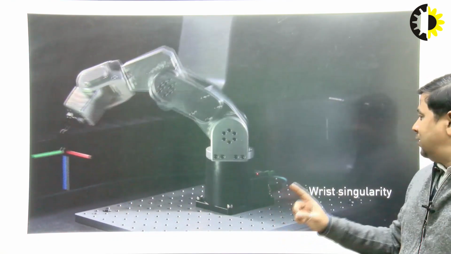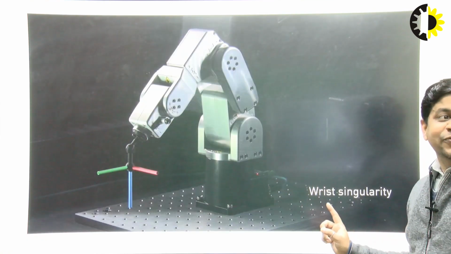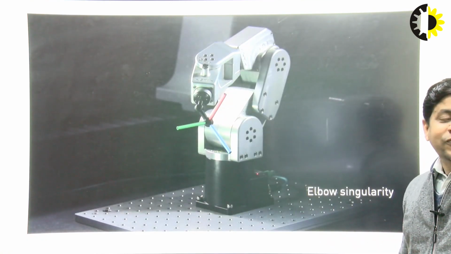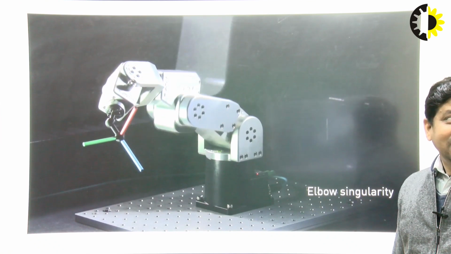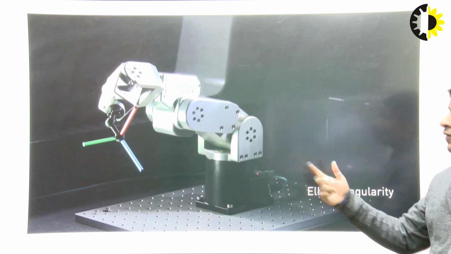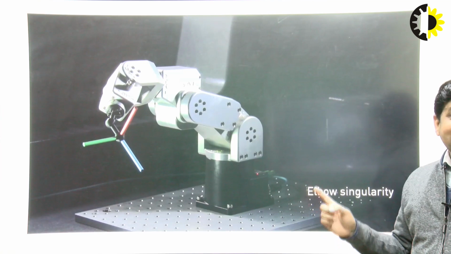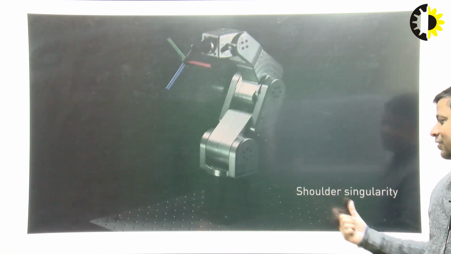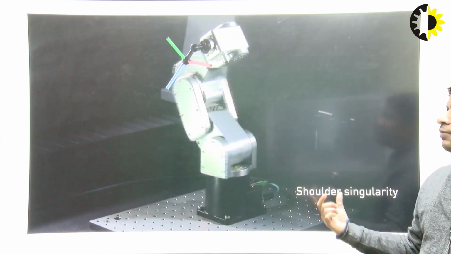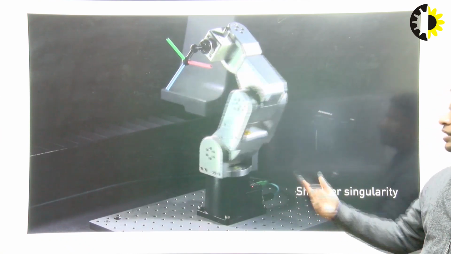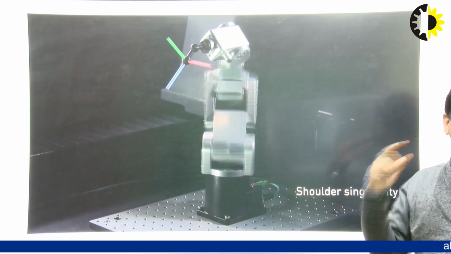This is the wrist singularity case where all 4, 5, 6 are getting straight. And if you observe here, the robot is totally stretched. Sometimes it is also known as shoulder or elbow singularity. This is shoulder singularity, that is overhead singularity in our case.